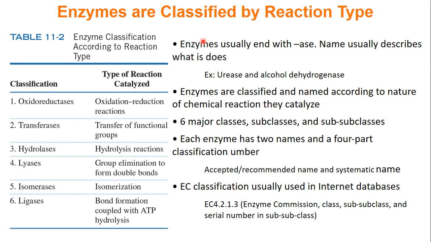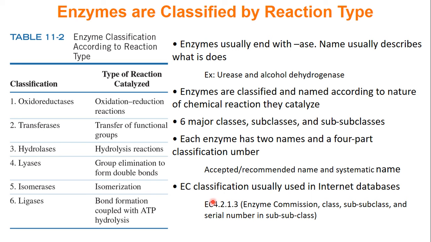Now, for enzymes, we usually classify them based on what reaction they do. So we have six broad classifications: oxidoreductase, transferase, hydrolase, lyase, isomerase, and ligases. And for each enzyme, there are classes and classes of these until you get to a classification number that you can use to look up enzymes.